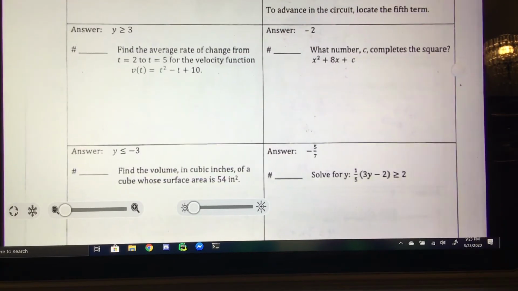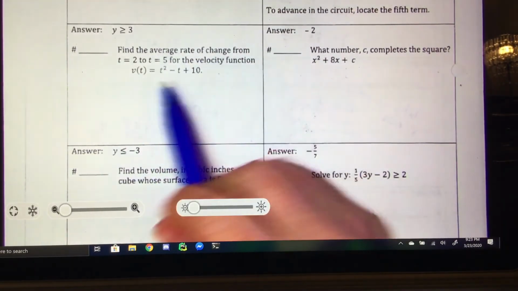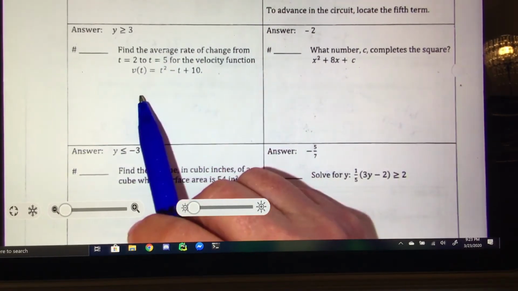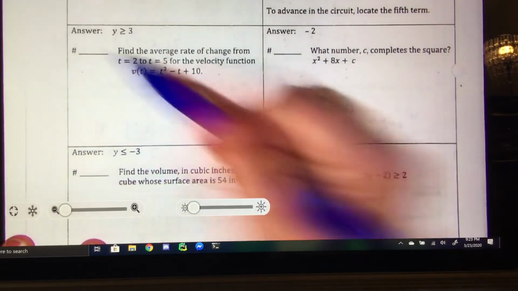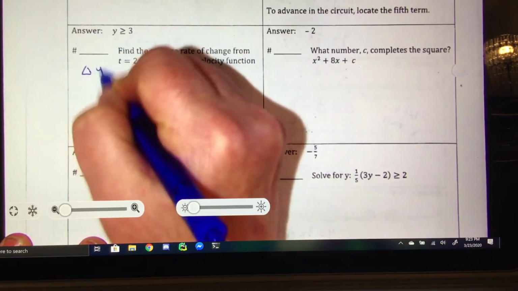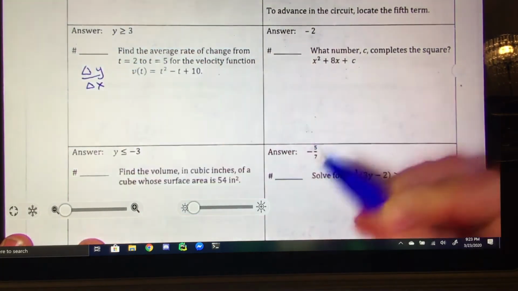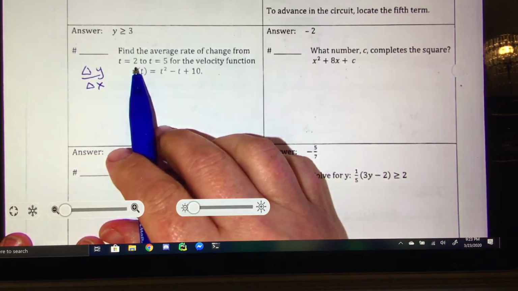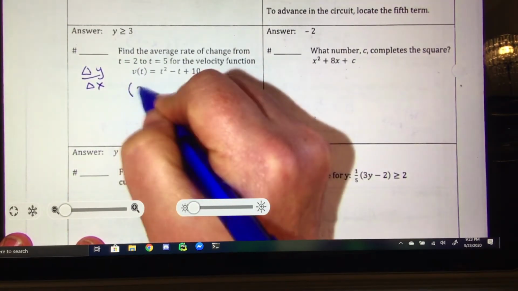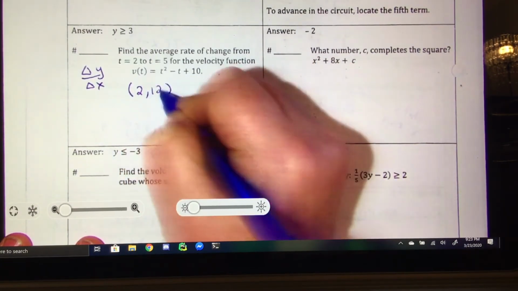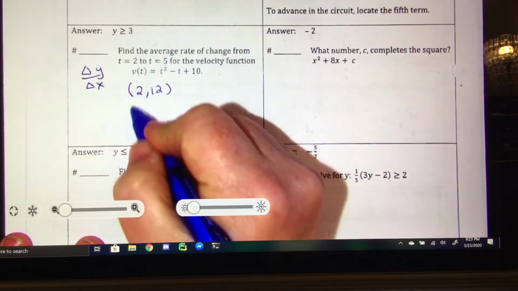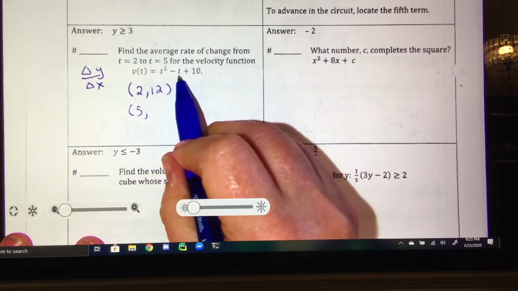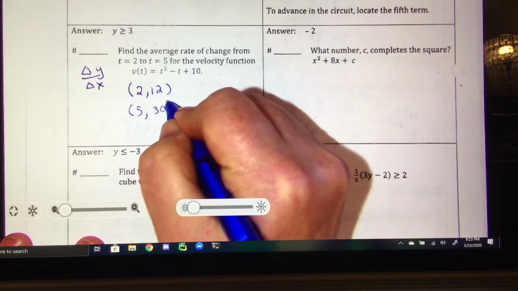The next one, find the average rate of change from t equals 2 to t equals 5 for the velocity function v of t equals t squared minus t plus 10. Well, rate of change, we have change of y over change of x. So if t equals 2 and I plug that in, I would get 12. And if I plug in t equals 5, then 5 squared minus 5 plus 10 would give me 30.